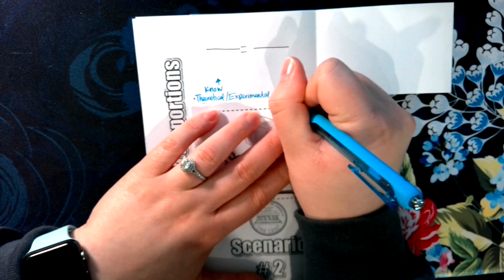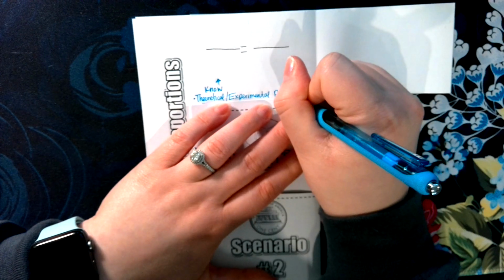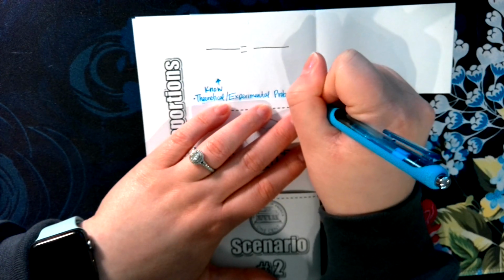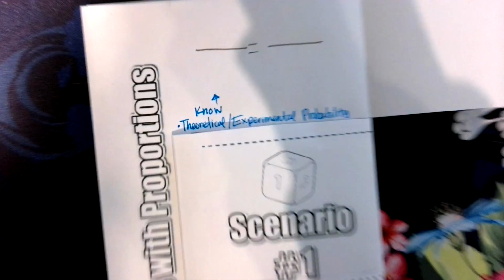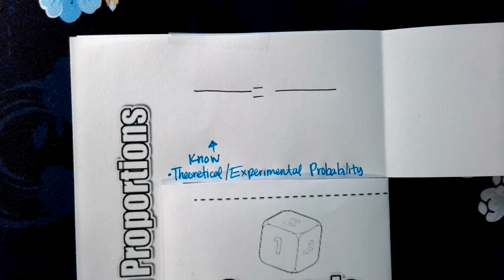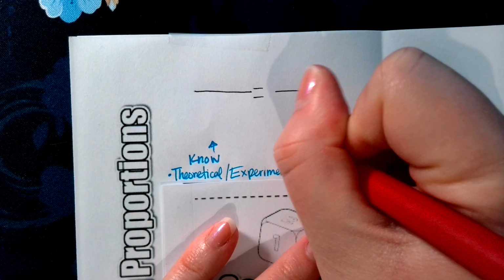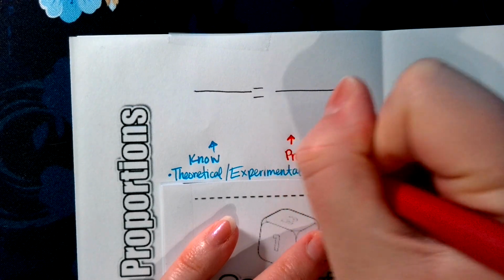It just depends on what they give you in the problem. The fraction on the left is what you know. It's your theoretical or your experimental probability. And then the fraction on the right, that's what you're trying to predict.